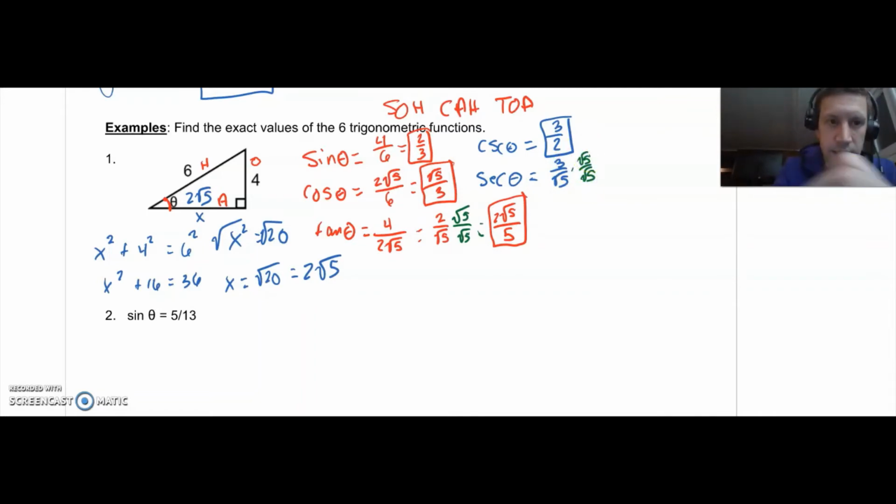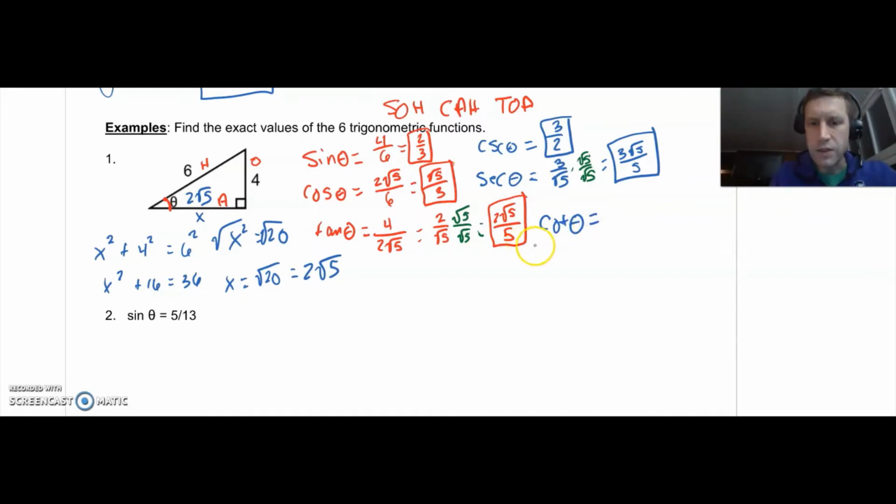I like to rationalize in green apparently. So that gives me 3 root 5 over 5. And then last but not least, cotangent, the reciprocal of tangent. I could take this final answer for tangent and take the reciprocal. Of course, that's going to put 2 root 5 on the denominator.